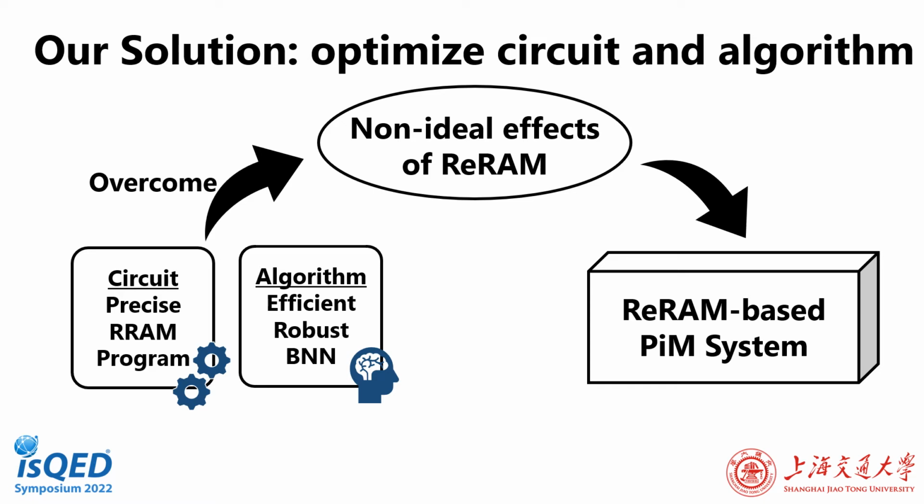In the algorithm level, we propose an efficient BNN search framework to target the most efficient and robust BNN for ReRAM-based PIM system. With our optimization of these 2 aspects, the performance and the accuracy of the ReRAM-based PIM system is significantly improved, and we believe it will be closer to practical usage.